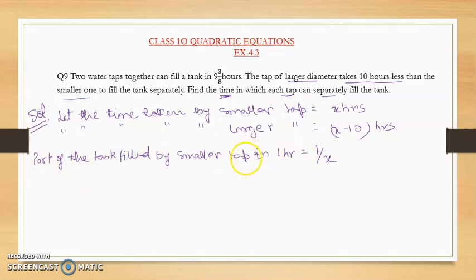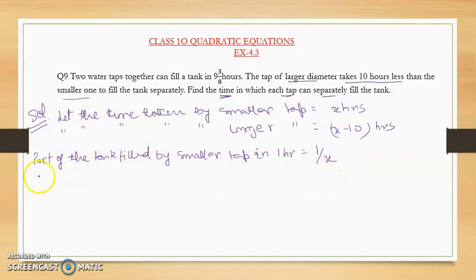We studied this in 8th: suppose a person can finish a work in n days, so his 1 day work will be 1 upon n. Similarly, the part of the tank filled by the smaller tap in 1 hour will be 1 by x.